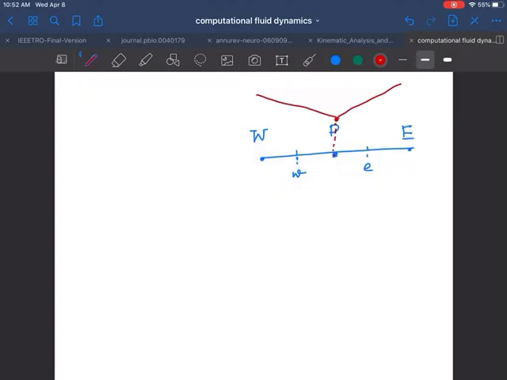We will assume that our profile assumption is piecewise continuous, and that is sufficient to approximate.